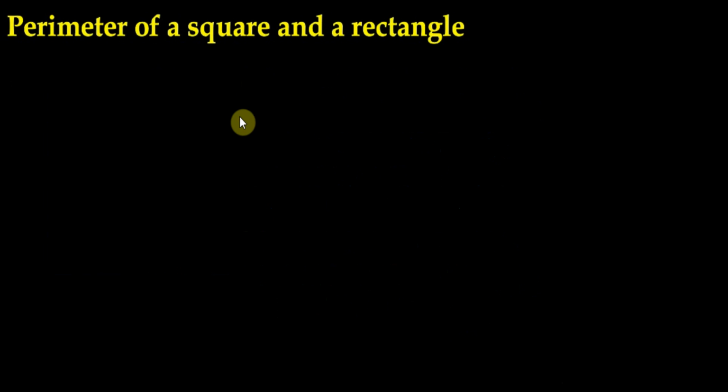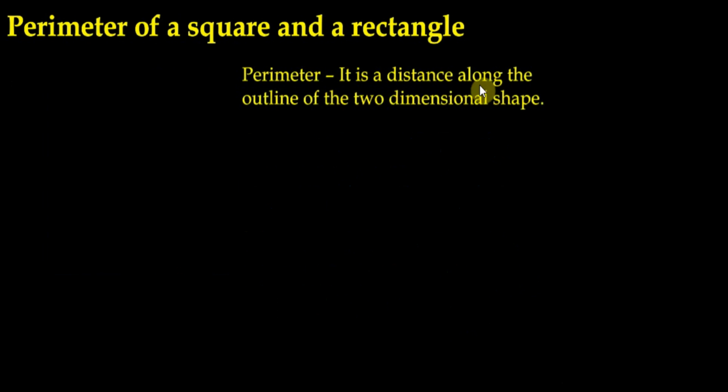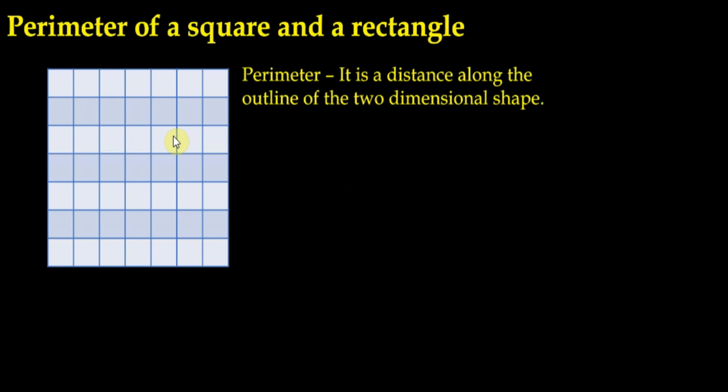Okay, now we know what is a perimeter. It is a distance along the outline of the two-dimensional shape. Now let's take the same grid. And we know that each square in this grid has a side that is 1 unit long.